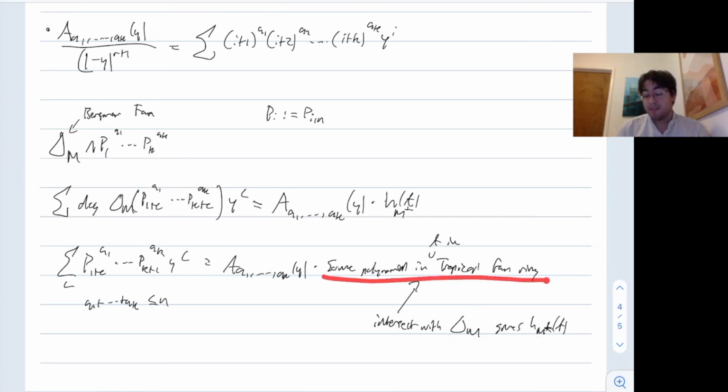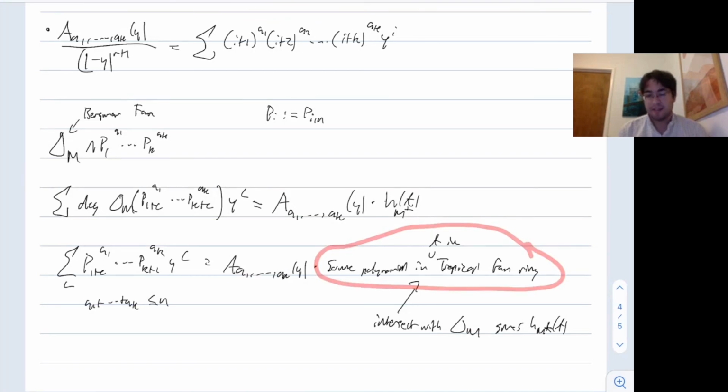So this is like some universal H vector that encodes all the H vectors of all possible matroids. And this has a very nice expansion if you read our paper. It's the simplest possible class you could write down in the tropical fan ring, and it has this wonderful property that it encodes all these H vectors. So this is how we showed it. And I guess that's it because it's 9 o'clock.